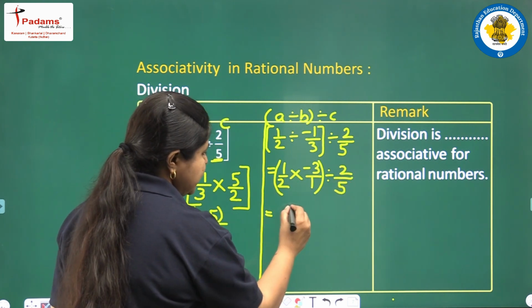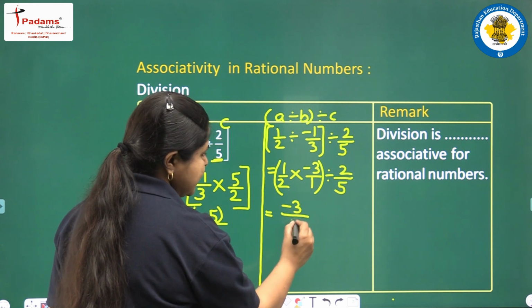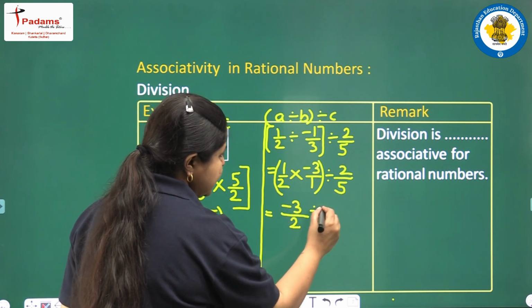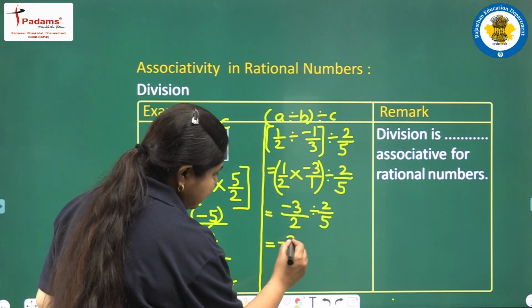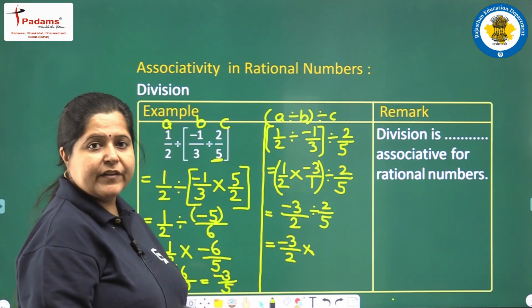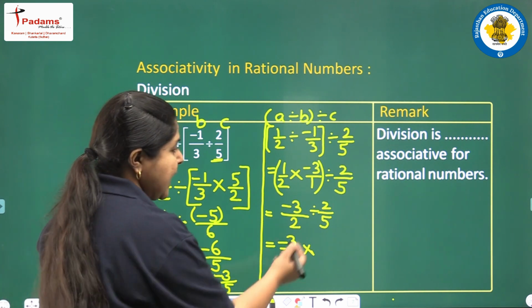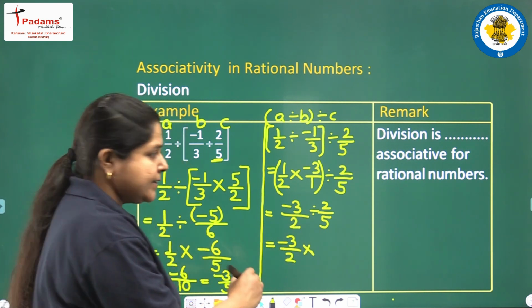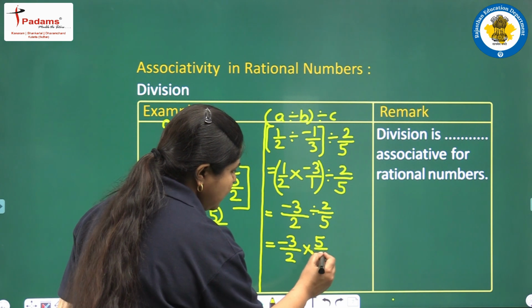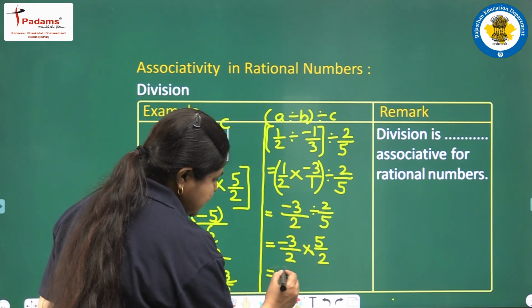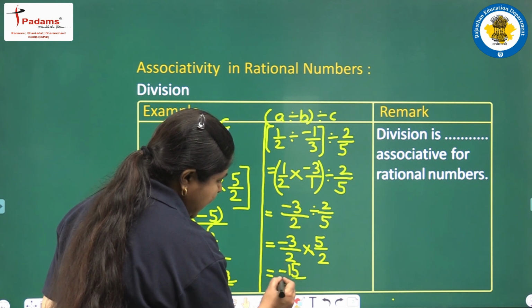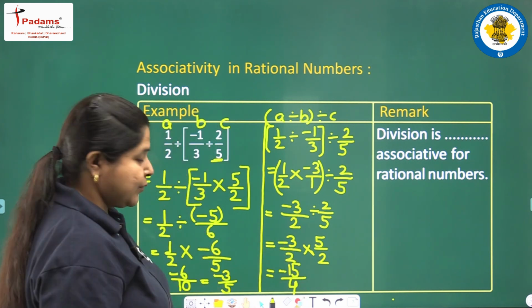Minus 3 into 1 will be minus 3, 2 1s are 2, divided by 2 upon 5. Again we have to divide. Division will be changed into multiplication and 2 upon 5 will be reversed and written as 5 upon 2. The answer that you are getting is 5 3s are 15 and 2 2s are 4.